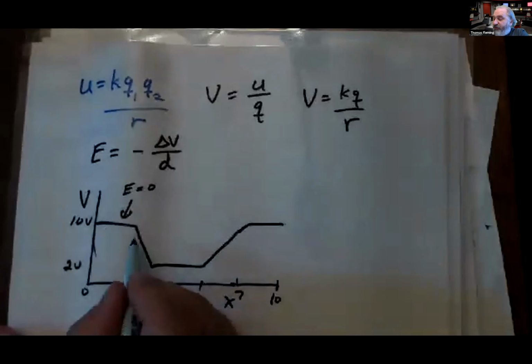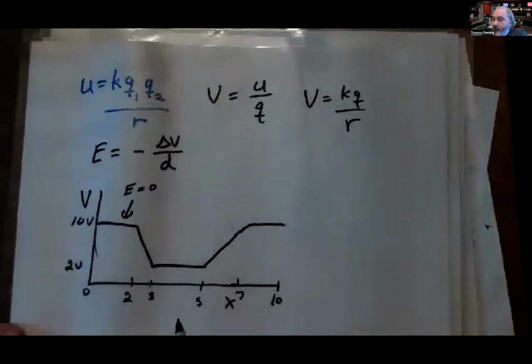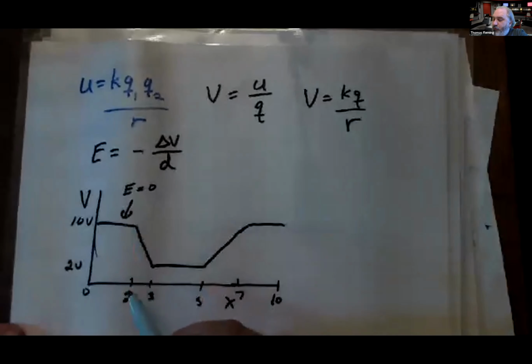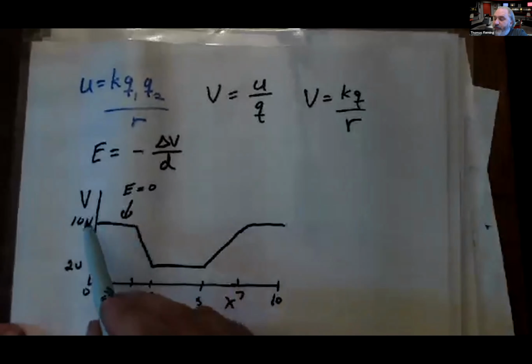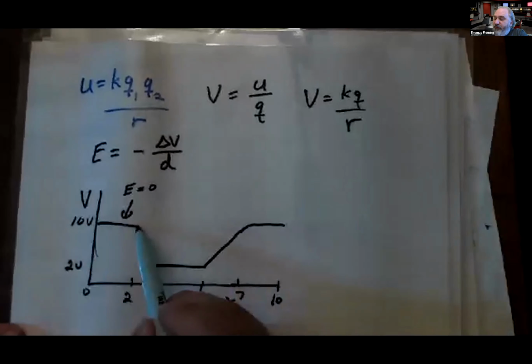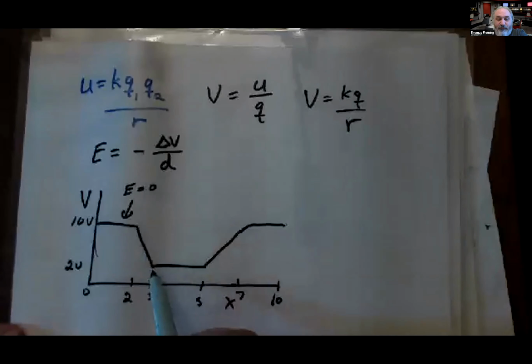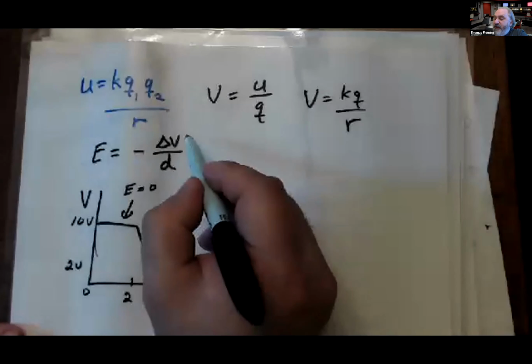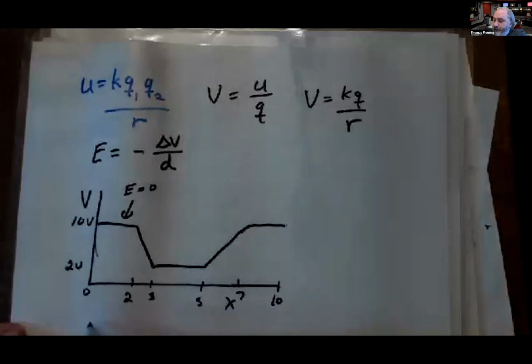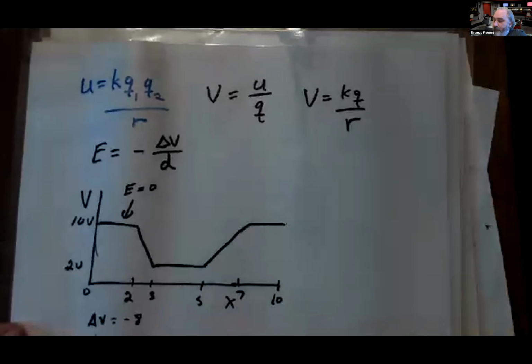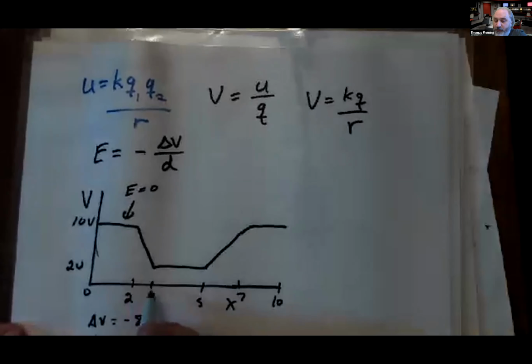Now, what about this region right here? Well, you can see that between 2 and 3, the potential drops from 10 volts down to 2 volts. So it goes down by 8. So delta V during that section would be -8. The distance, meanwhile, is 1 meter.